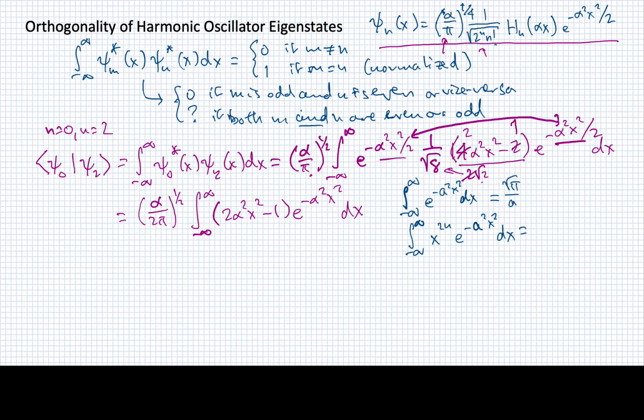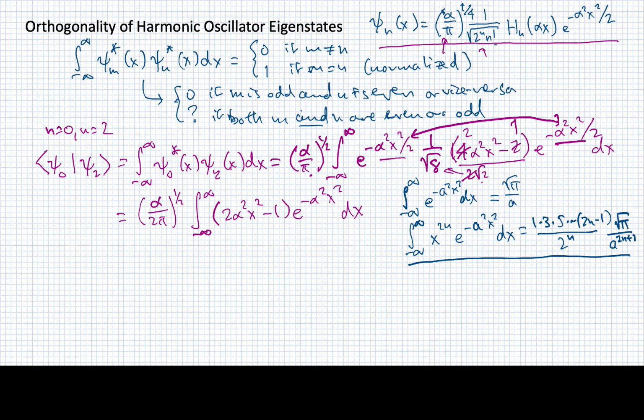I would have 1 times 3 times 5 up to 2n minus 1 divided by 2 to the n, and then I would have the square root of pi divided by a raised to the 2n plus 1. All right, so we have a direct formula for calculating this.